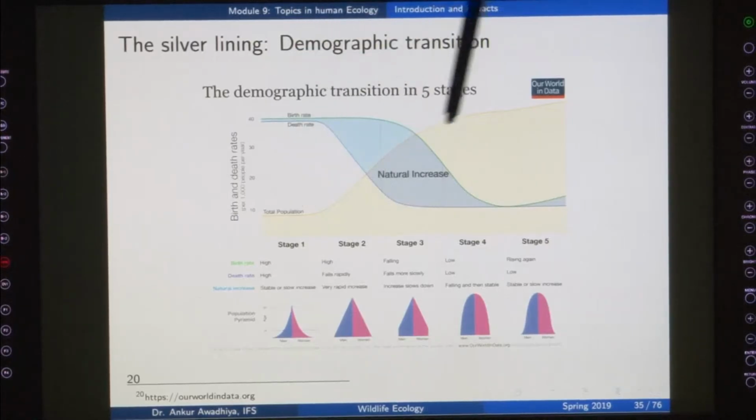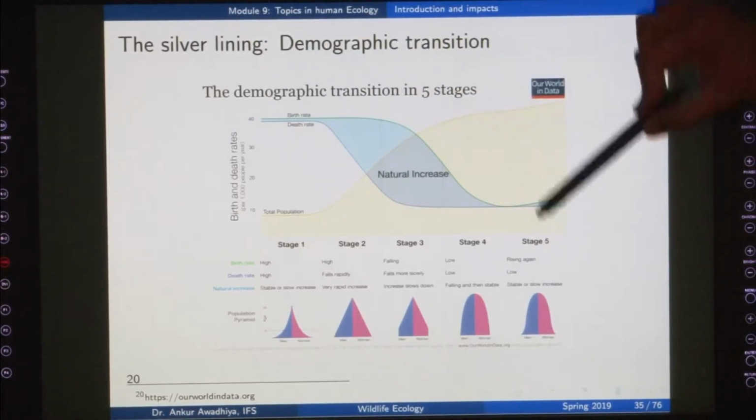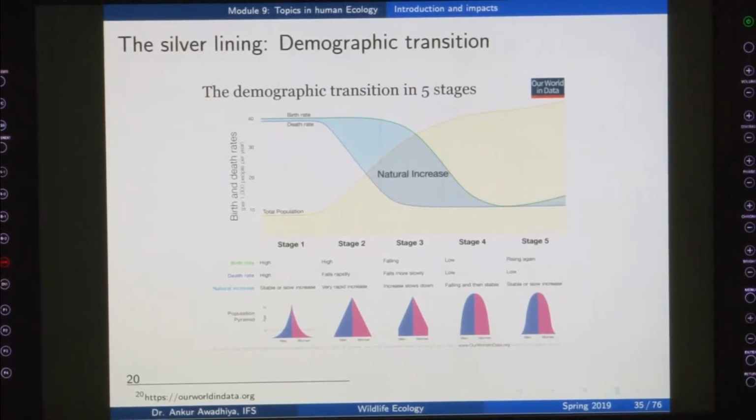So, this yellow curve is the total population, and when you have reached this flatness, the fifth stage can be a stage in which your birth rate starts rising again, or maybe the birth rate becomes even lower than the death rate, and in both the cases you will have different results. So, if birth rates increase, then you will see a further increase in the population, or else you will start seeing a decrease in the population.